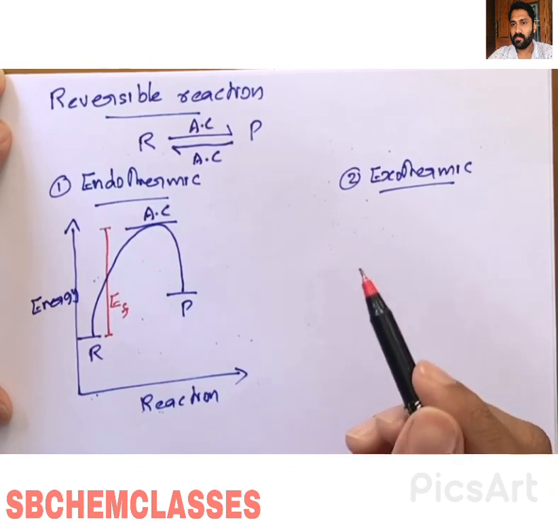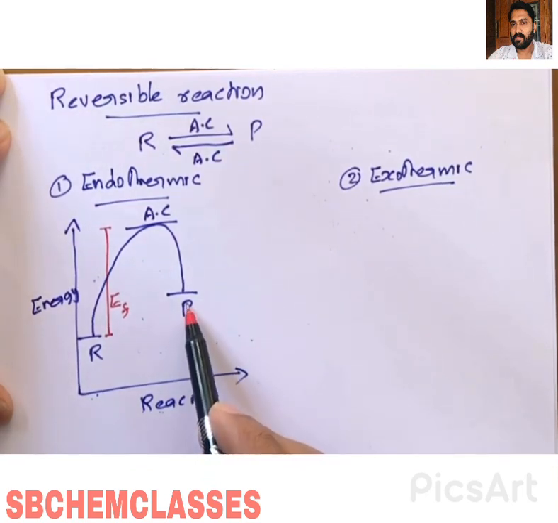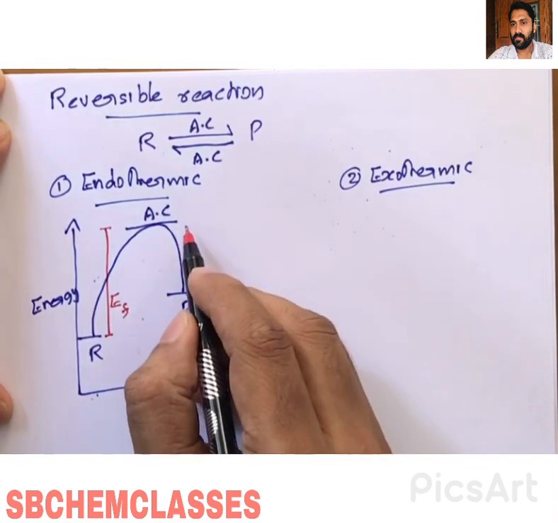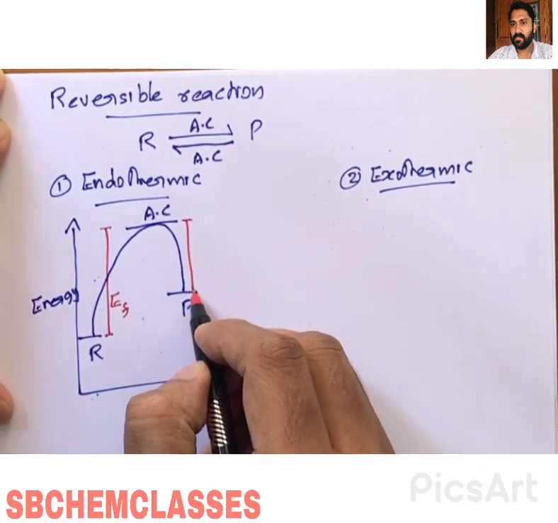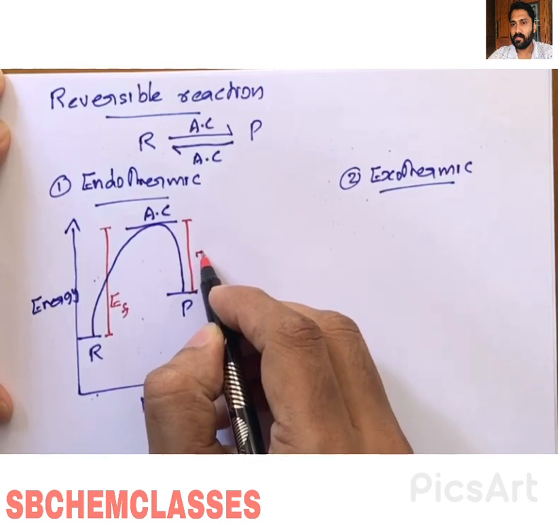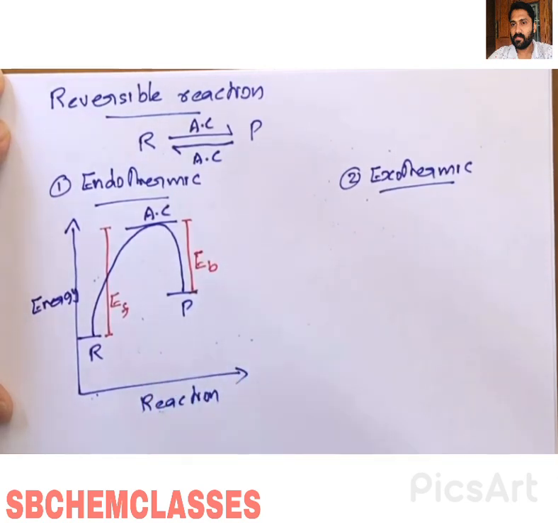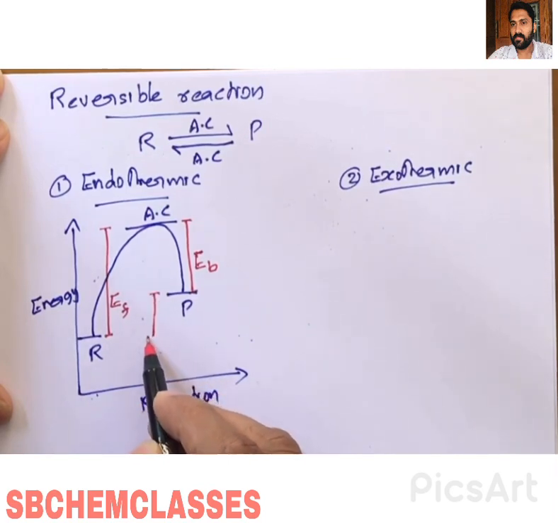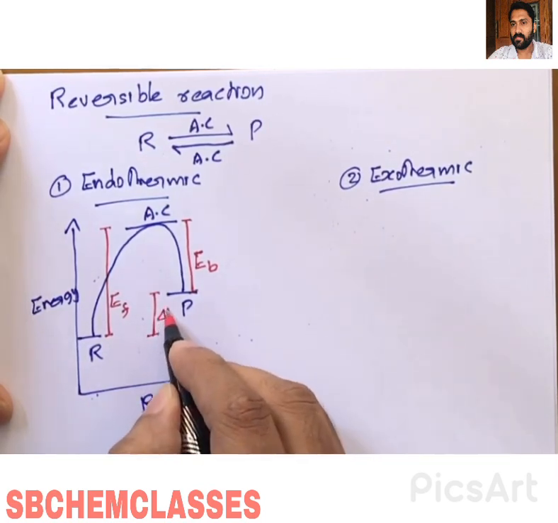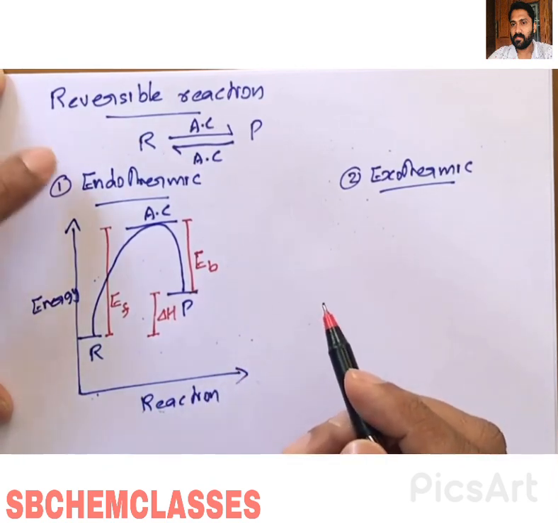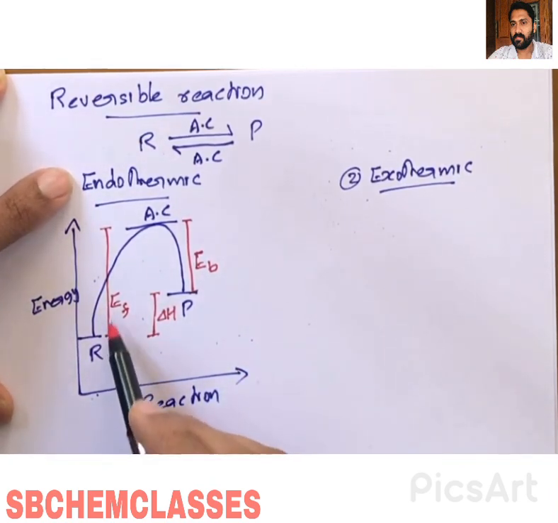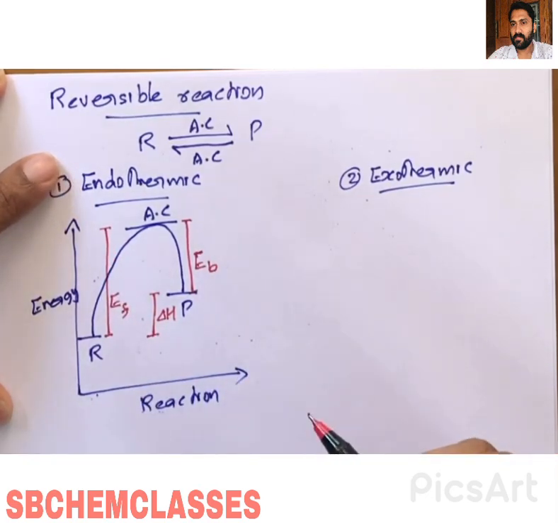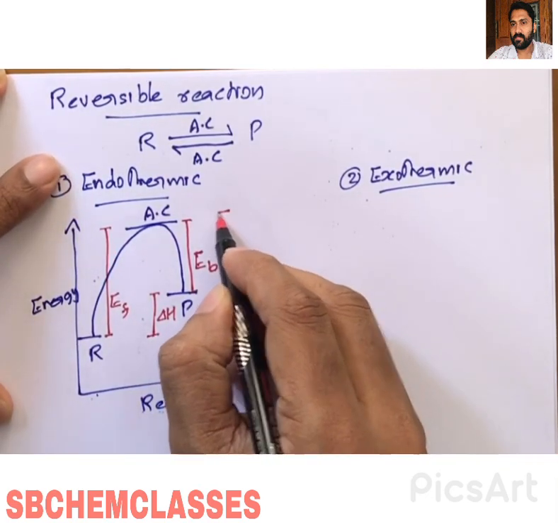Let's consider backward reaction. What is the conversion of product to reactant through same activated complex? So, this is activation energy of backward reaction. In this graph also, we can simply mention delta H. In endothermic process, forward activation energy is greater than backward activation energy.